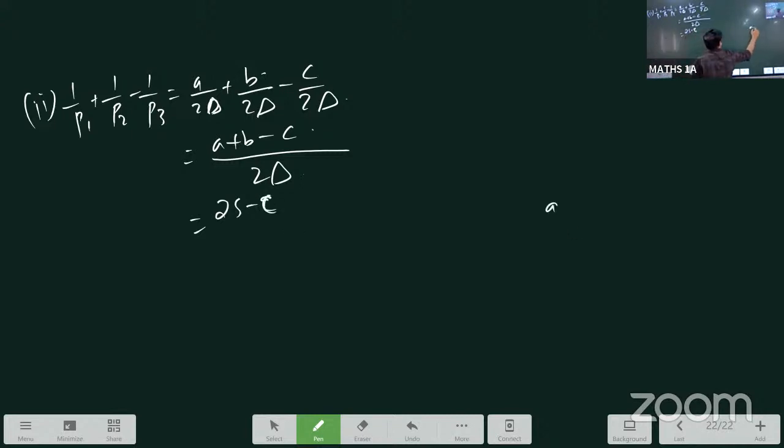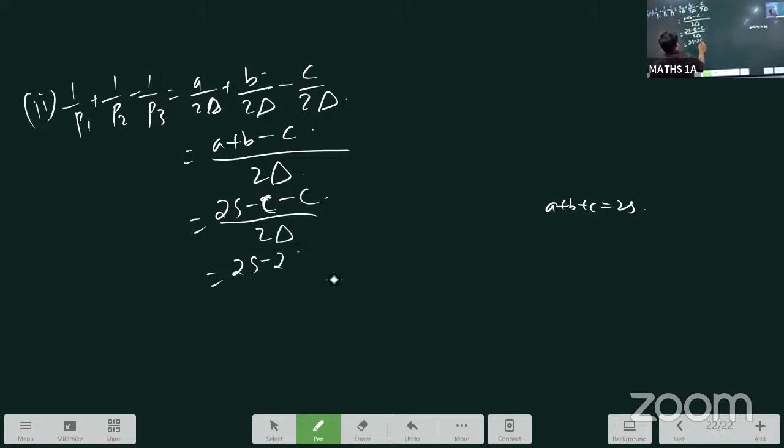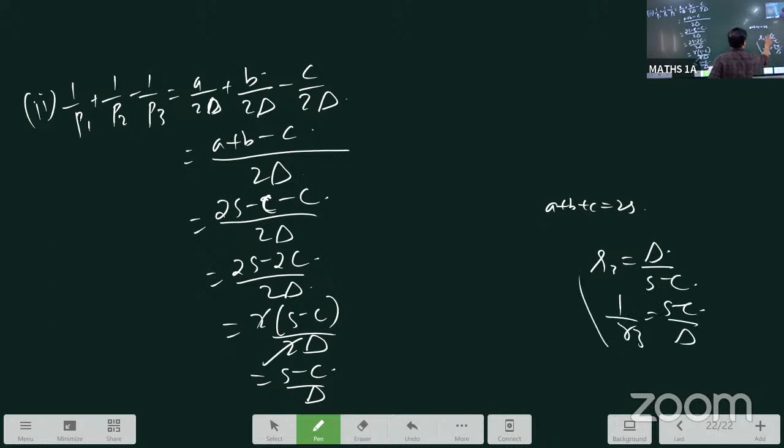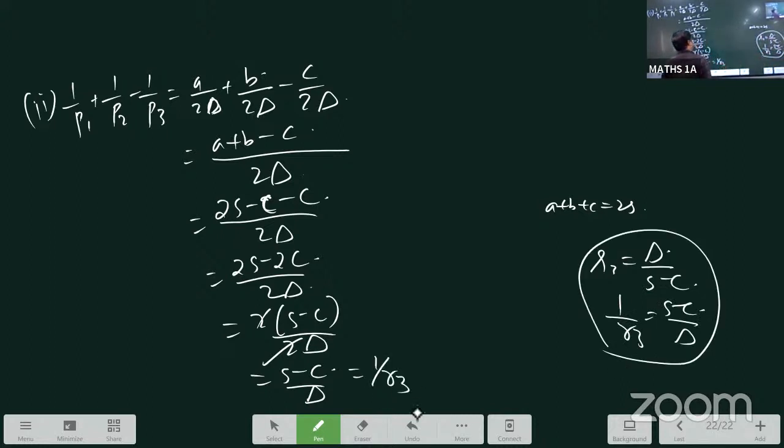Because I said already, A plus B plus C is 2S. So 2S minus C, minus C by 2 delta, that is 2S minus 2C by 2 delta, 2 common, right? 2 gets cancelled, S minus C by delta. But what is the r3 formula? Delta by S minus C. Then 1 by r3 will be S minus C by delta. Is it clear? Which is nothing but 1 by r3.